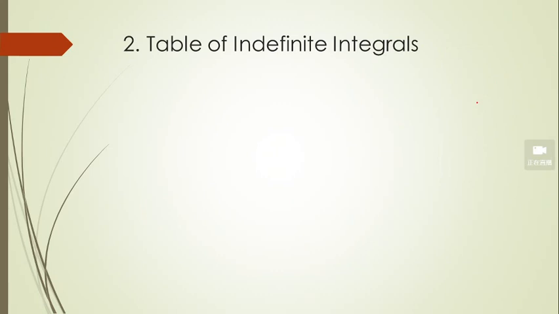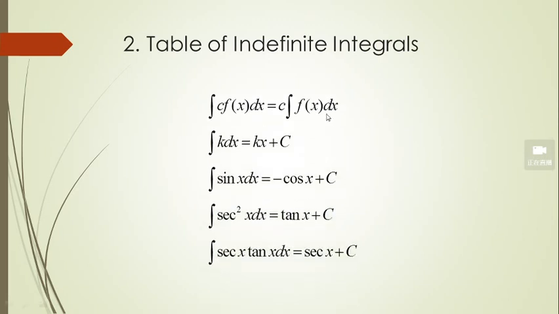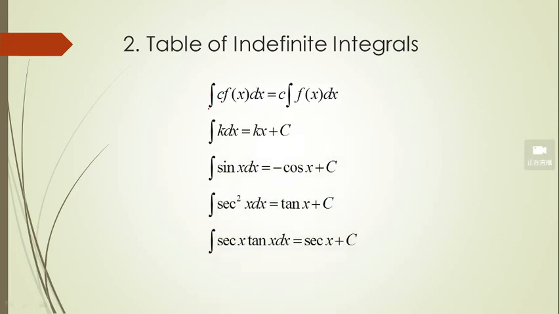Now next, let's see some tables, okay? Let's see some indefinite integrals of functions. So first, let's check the first one. This is the antiderivative for c f(x). It's still called the constant multiple rule, and it will be similar to the limit and differentiation parts.